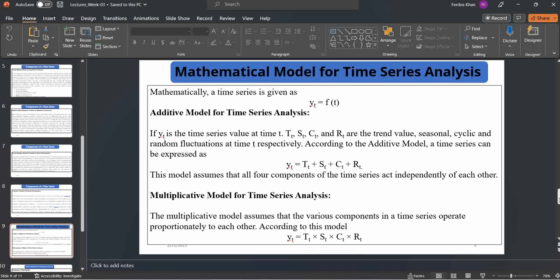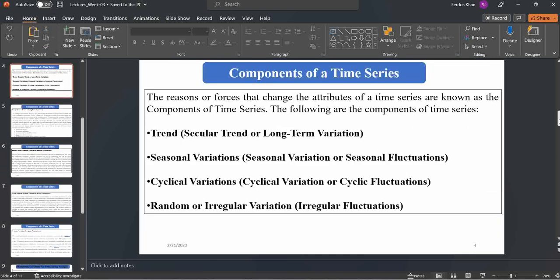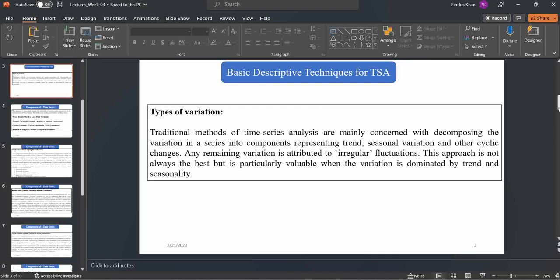This is important. Now let's move to the description of what the main variations are in a time series. In a time series, there are four types of variation. Mainly, that is trend, seasonal variation, the other cyclic changes, and trend, which we sometimes call secular trend, and random variation.